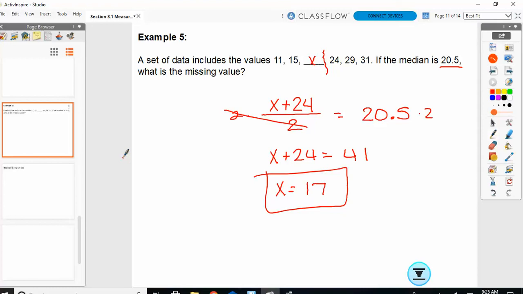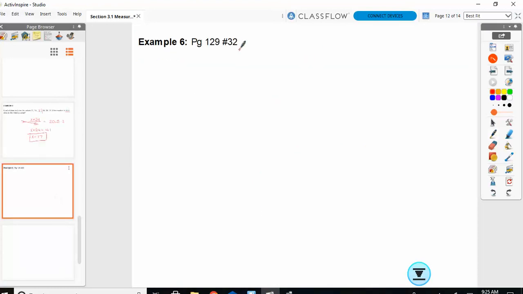Let's see, is this one okay? I'm going to do a book problem. If you have somebody with a book near you, page 129, let's look at number 32. Sorry, you're going to need to bring your books for the next few days.